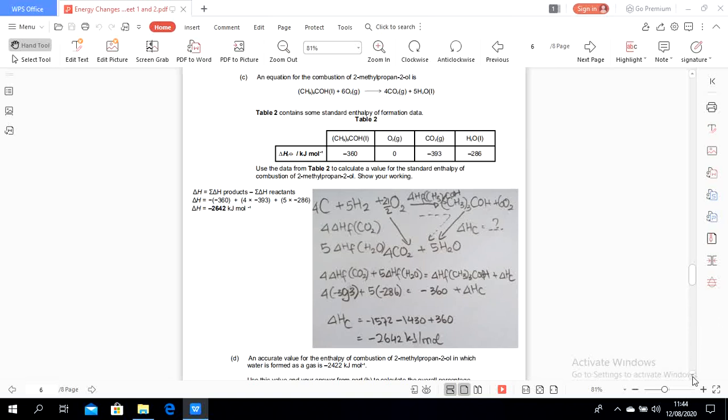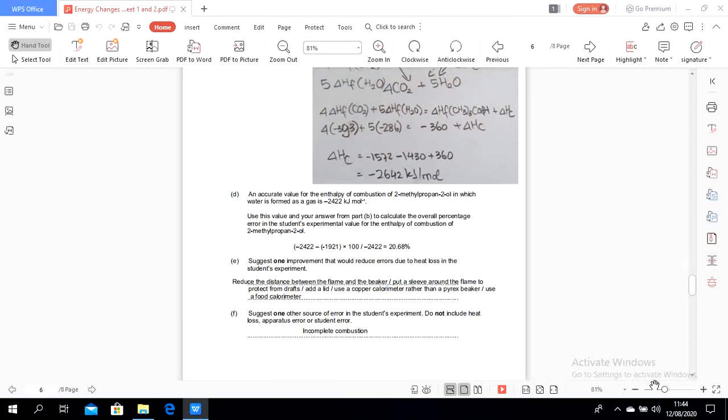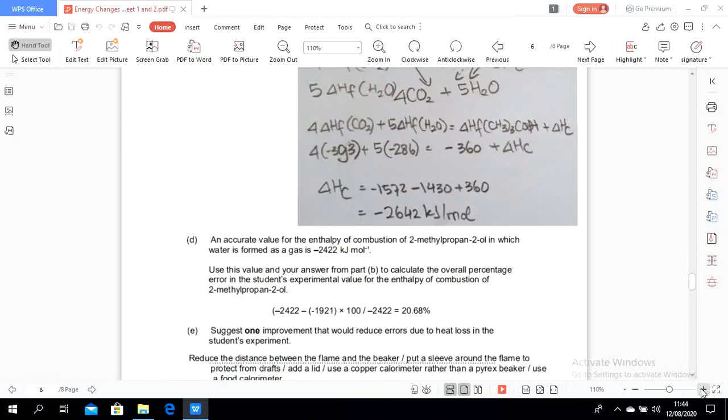Okay, next question here. An accurate value for the enthalpy change of combustion is 2422 kilojoule per mole. Use this value and your answer in part B to calculate the overall percentage error. So how can we know the percentage error? Because the accurate value is determined by scientists.